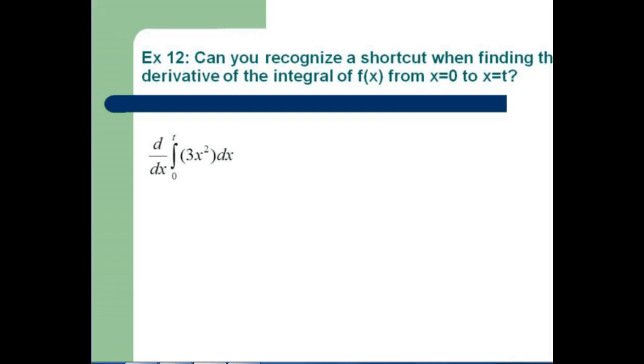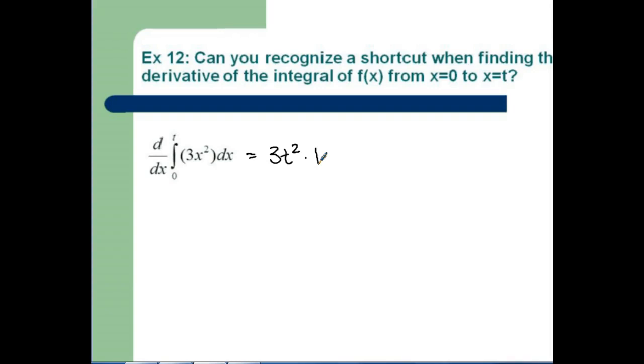So does it change the process? Is this still the fundamental theorem of calculus? Yeah. The process, or the shortcut, is still the same. Plug in the upper bound, know the lower bound is going to zero out, and multiply by your derivative.